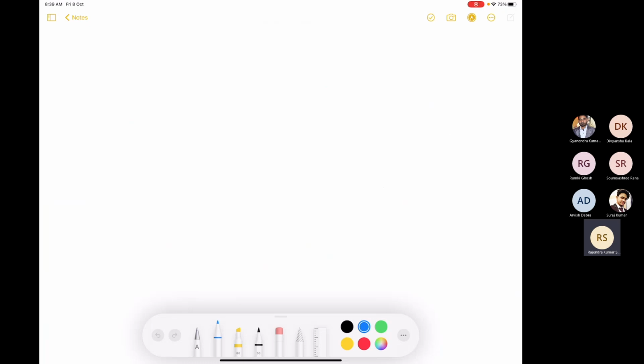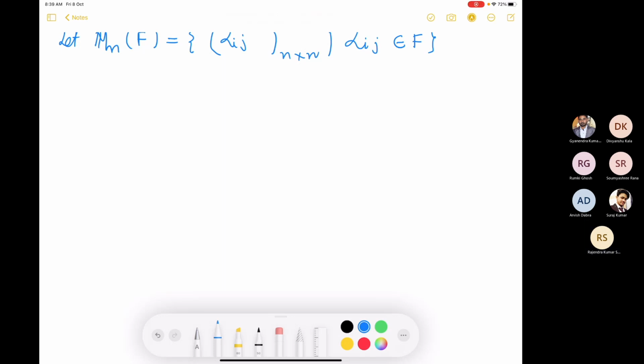Okay, so let us denote this M_n(F). This is to denote the set of all matrices of order n by n, with entries alpha ij coming from the field, let us say F. Then what we had already seen because of the properties, so define now.